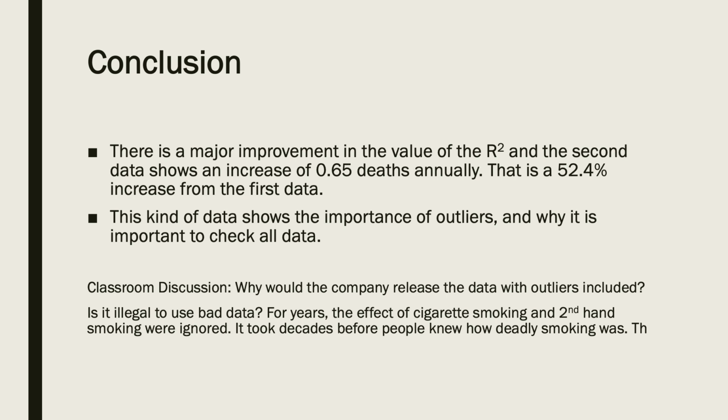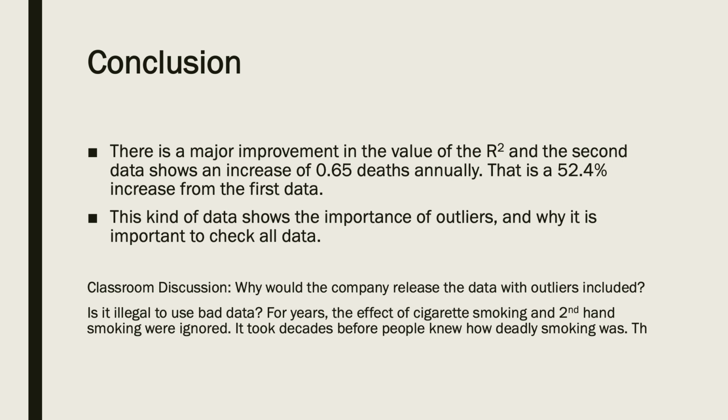Whenever we want to churn out data, it's very important for us to be mindful about how people will be able to critique our data and what that data is meant to show. A really good way to end this class conversation will be, again: is it illegal to use bad data? It's not illegal. Companies do it all the time. It is when you know that there's right data and you purposely try to mislead the public by releasing the wrong data that it might be considered illegal.